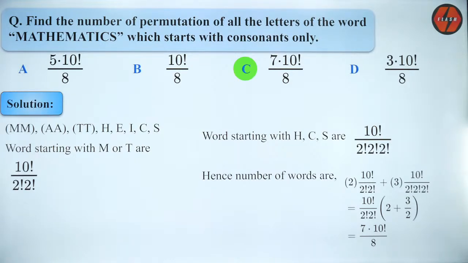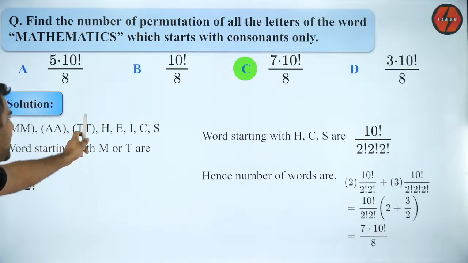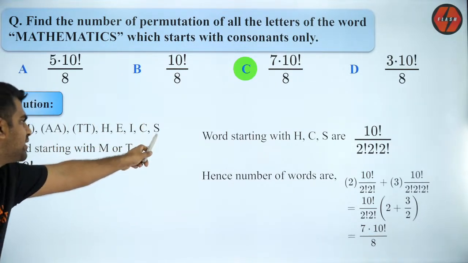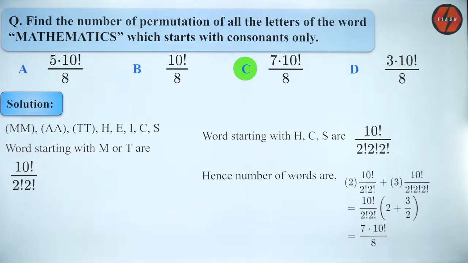Now consonants means all the letters apart from vowels. Isn't that correct, Asim? So the consonants are M, T, H, C, S. Do you understand that? Let me repeat it.